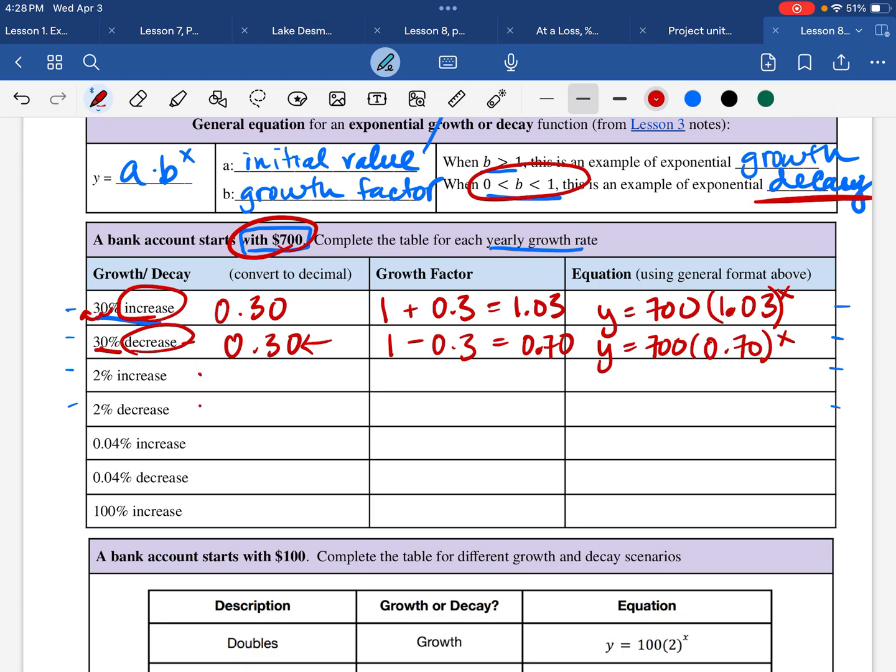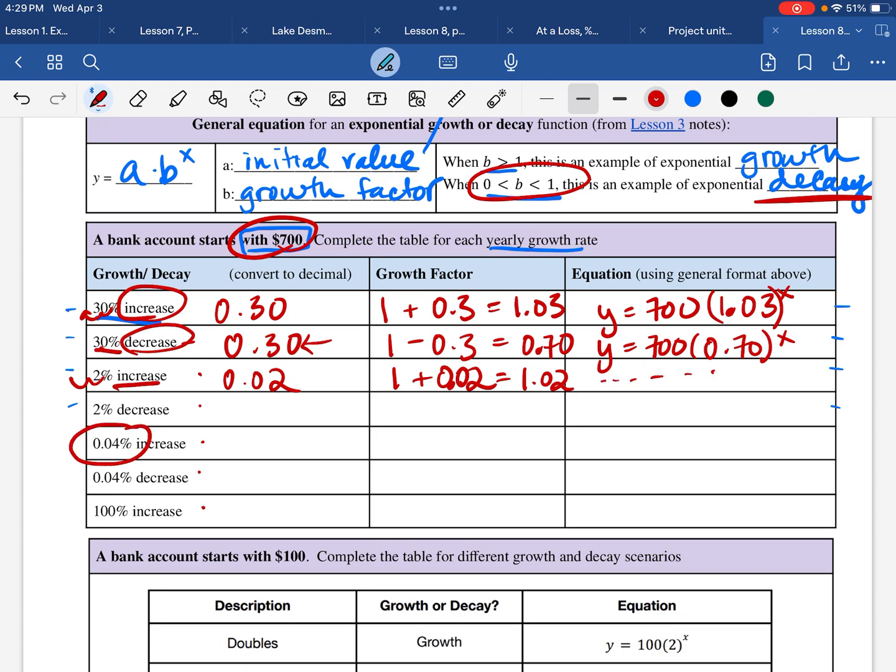So you're going to complete the table here, right? And remember, each time you have to move the decimal place 2 times to the left. For increase, you're going to have to add 0.02, right? And then you're going to write the equation. This one's a little tricky here.